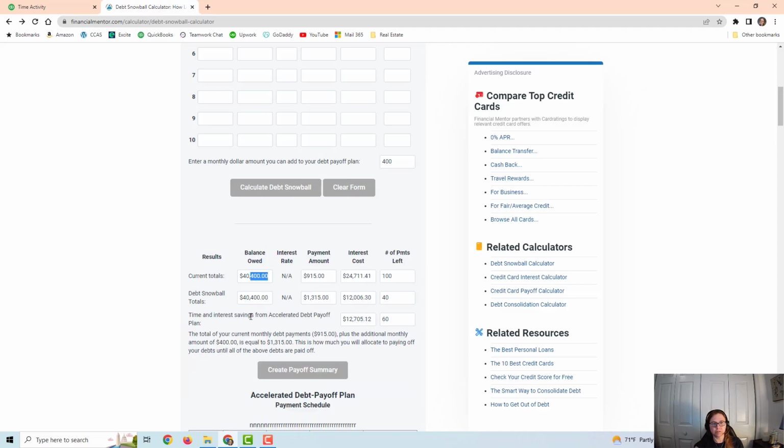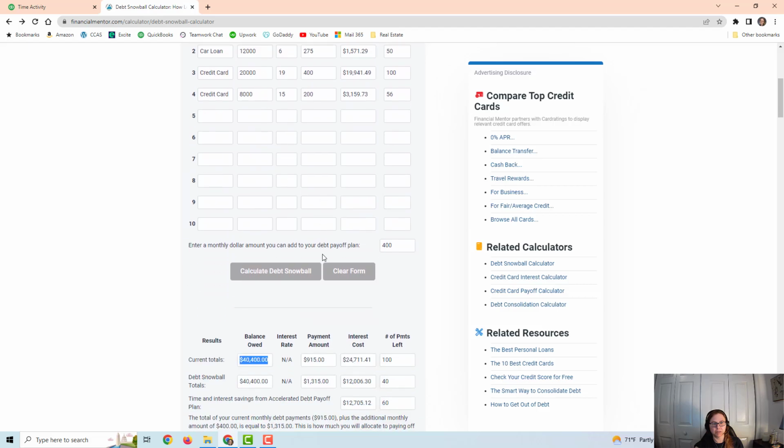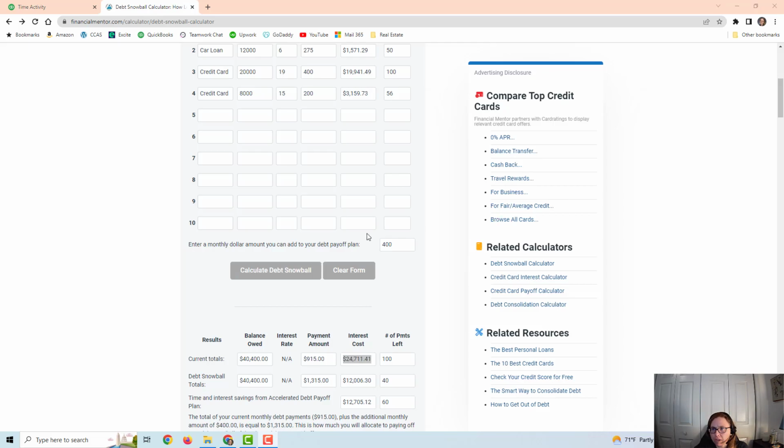So this is a total of over $40,000 in debt if you were to add these numbers up, with total payments of $915 a month, and that's a total interest cost of over $24,000. And you'd be paying this off for 8 years.